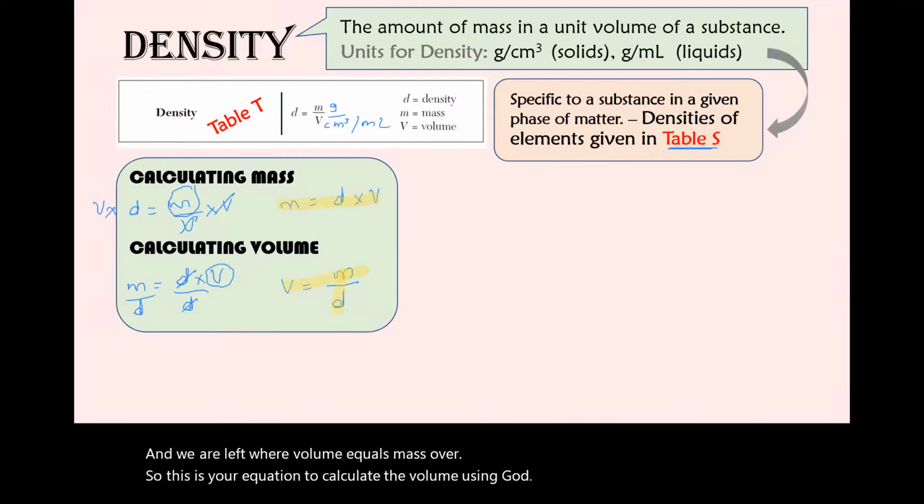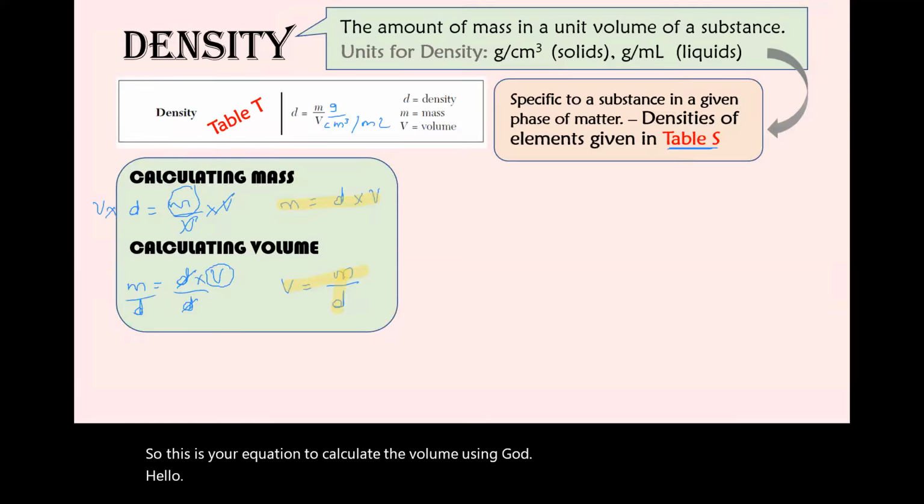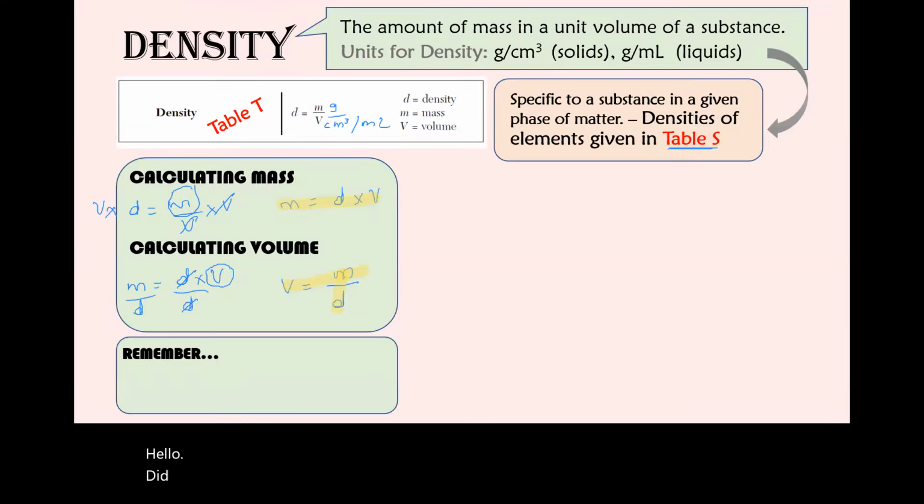All right. So a very, very important thing to remember about density is that the density of liquid water is 1 gram per milliliter.